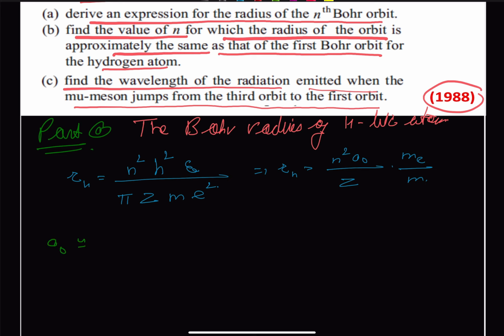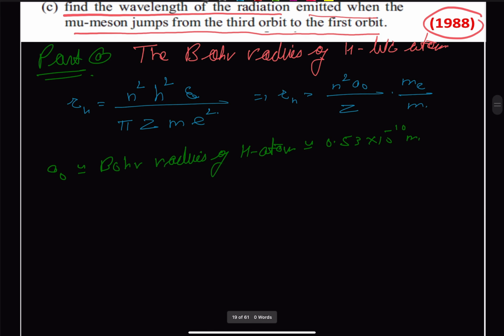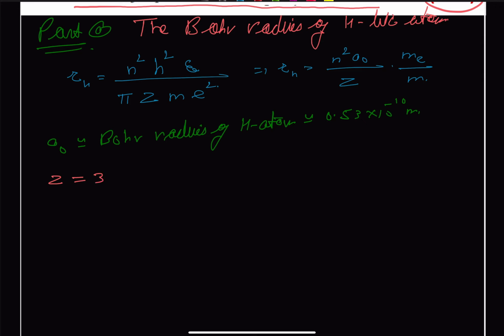So a naught is our Bohr radius of hydrogen atom, and its value is approximately equal to 0.53 into 10 to the power minus 10 meter, and value of z is equal to 3, and our mass is given as 208 mass of electron.